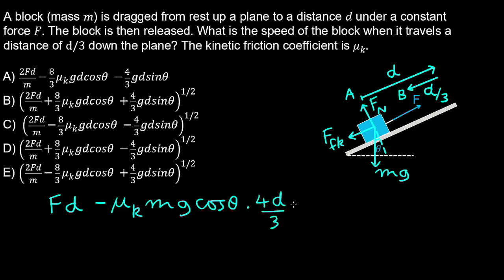And that's equal to the kinetic energy at B, which is 1/2 by m by the square of the speed at B, plus the gravitational potential energy, so that's mg by 2d on 3 sine theta.